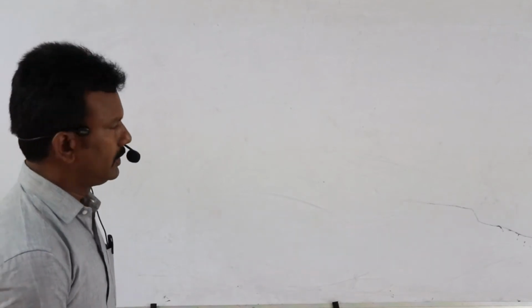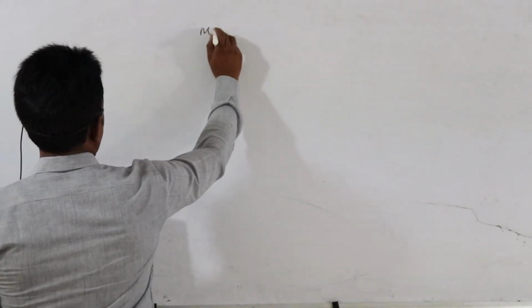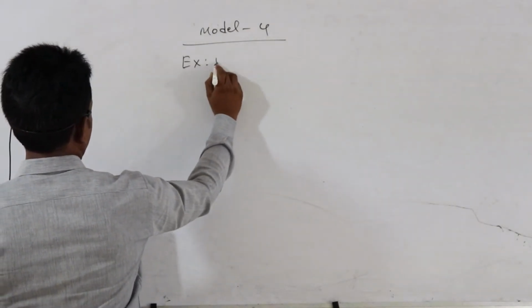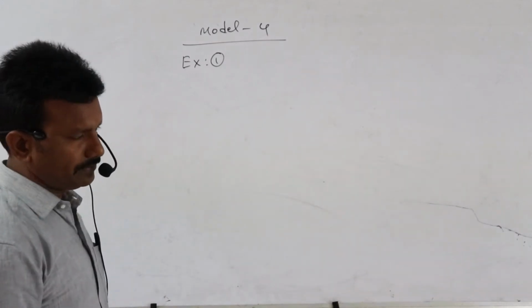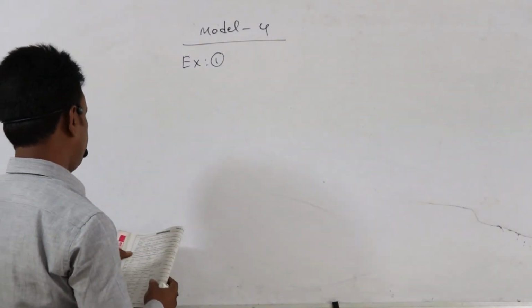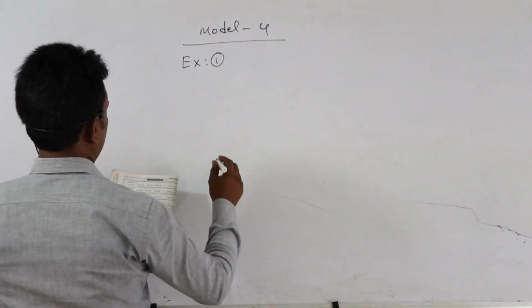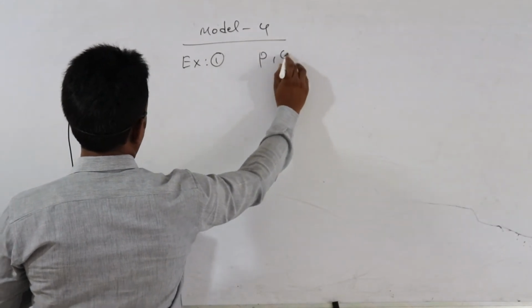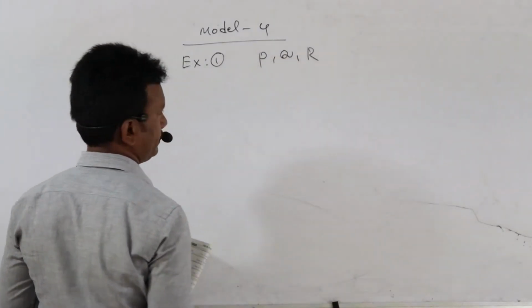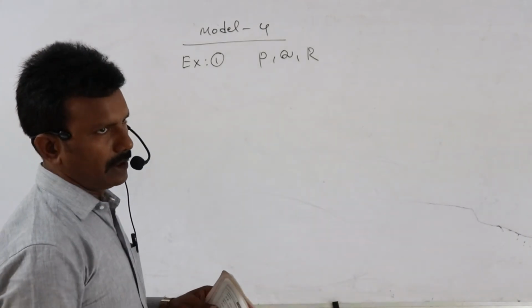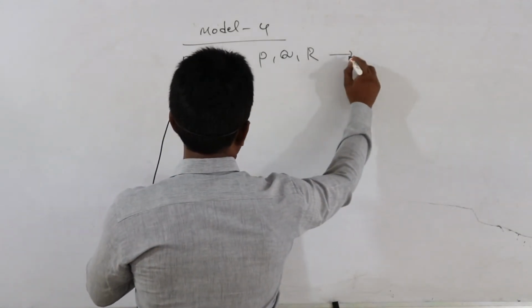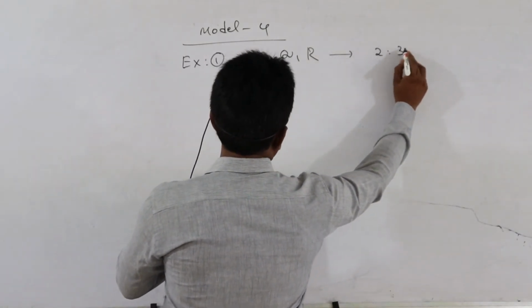Next, model 4, example 1, the first sum. Given that an amount is distributed among P, Q and R in the ratio 2 is to 3 is to 8.